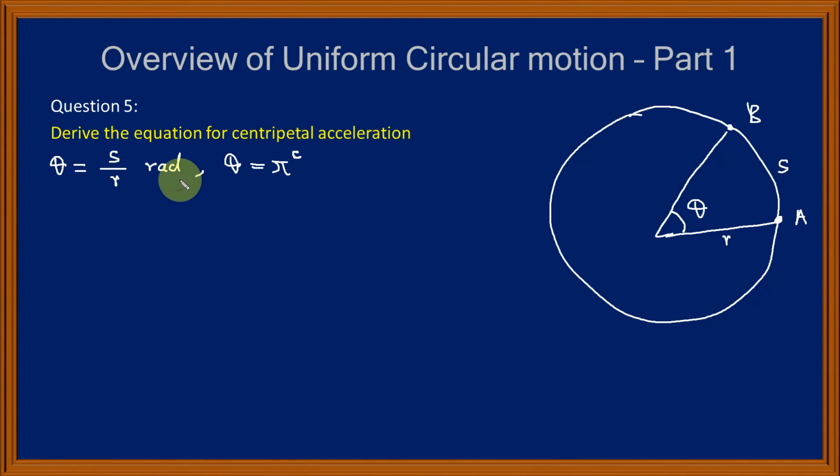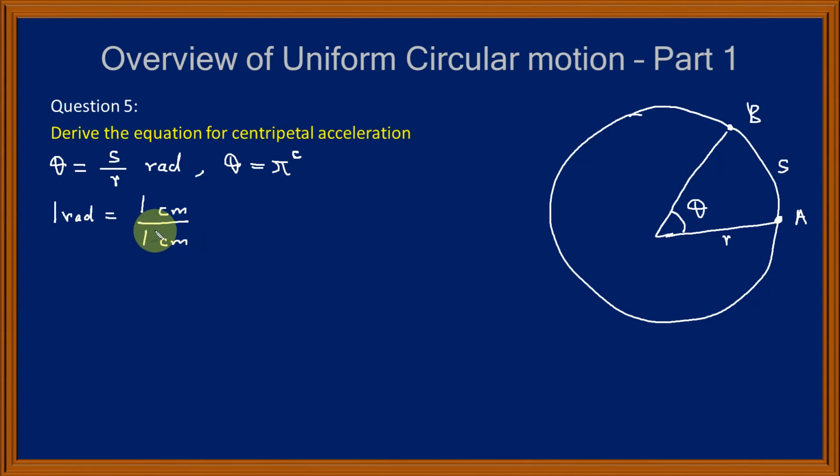Now, since this is a new unit, I want to define 1 radian. 1 radian is defined as the angle subtended at the center of the circle by an arc whose length is equal to the radius.